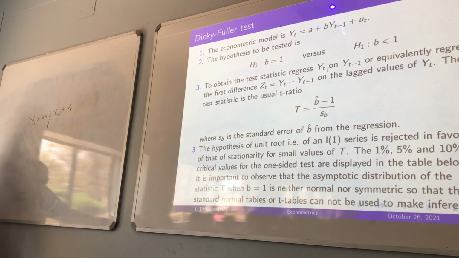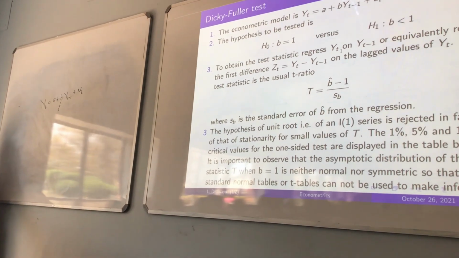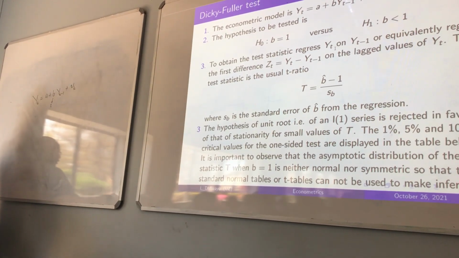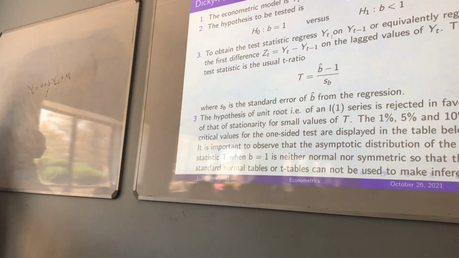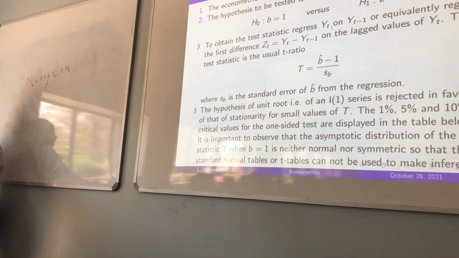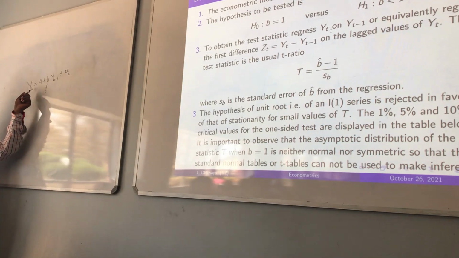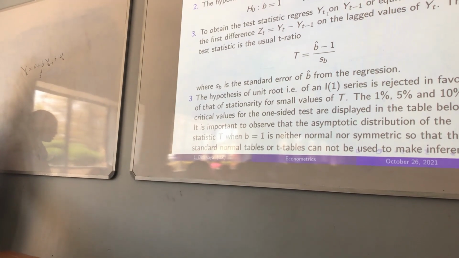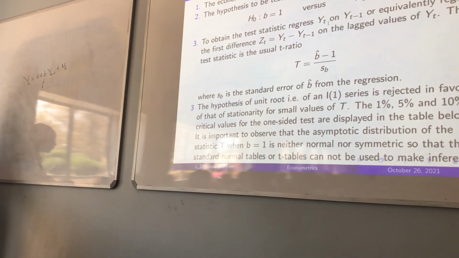So when we accept H naught, that means we are saying that yt is I(1). When we reject H naught, we are saying that yt is I(0). Is it clear? To obtain the statistic, regress yt on yt minus 1, or equivalently regress the difference yt minus yt minus 1 on the lagged values of yt.